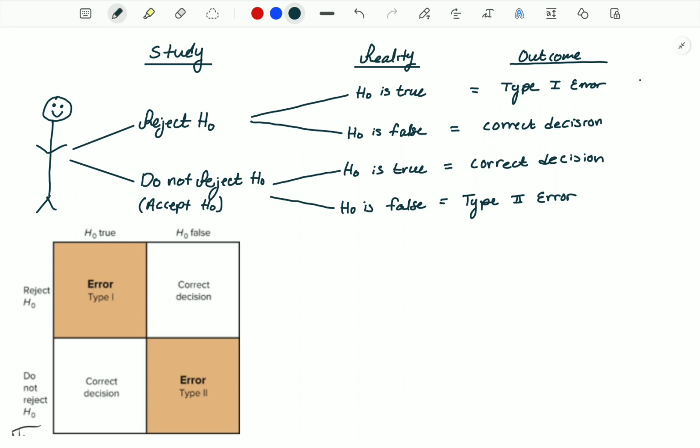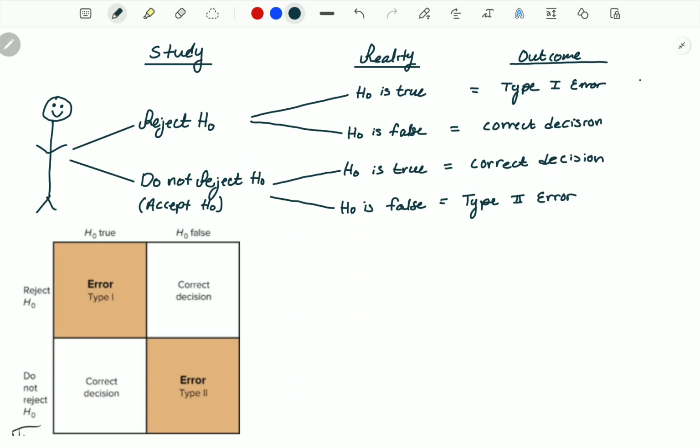The other option is do not reject the null hypothesis. If we do not reject the null hypothesis and the null is true, that is a correct decision. Because if you do not reject the null hypothesis, you can say you're accepting the null hypothesis. And if the null is true, you are accepting true information.